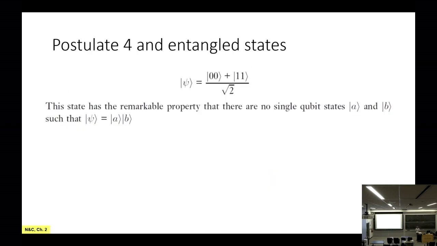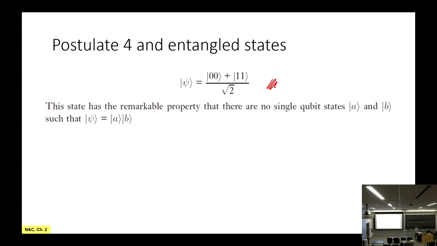All right, so the cool thing about Postulate 4 is it is what enables us to define entanglement, which is kind of the whole point of quantum information. So if I consider the 2-qubit state that's written here, psi equals the state 00 plus 11 divided by square root of 2.